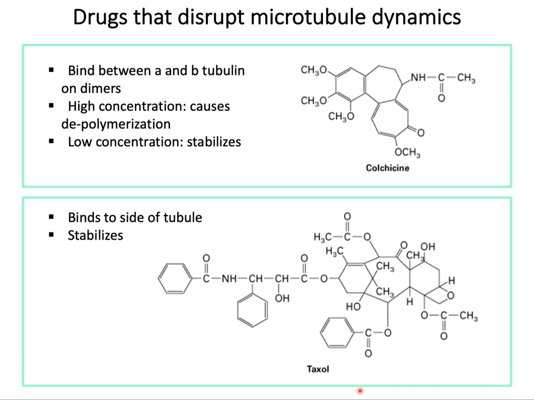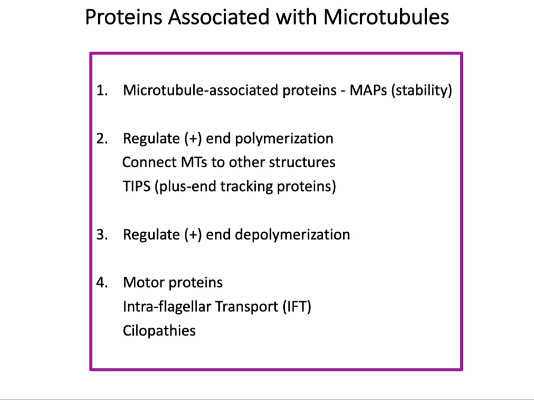Now, in this section, we are going to concentrate on proteins that associate with the microtubules. We will cover four main classes of proteins. We'll start with the microtubule-associated proteins, or MAPs. This group of proteins will confer stability to microtubule structure, especially those long-lived or permanent microtubule structures that you see in a neuronal cell and in the flagella of motile cells.